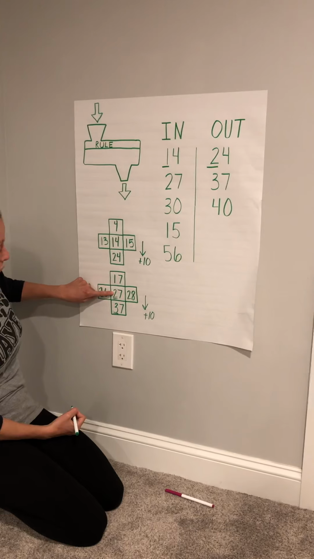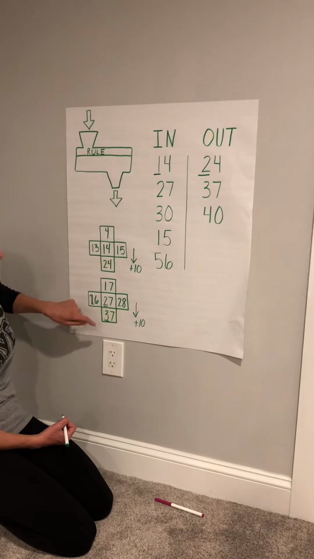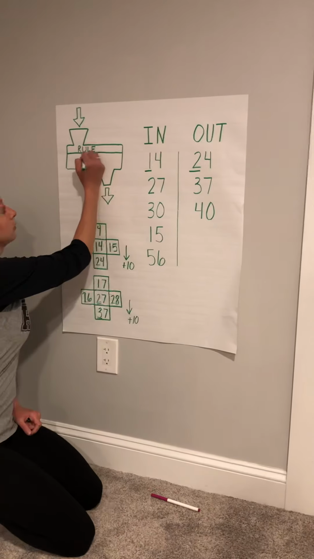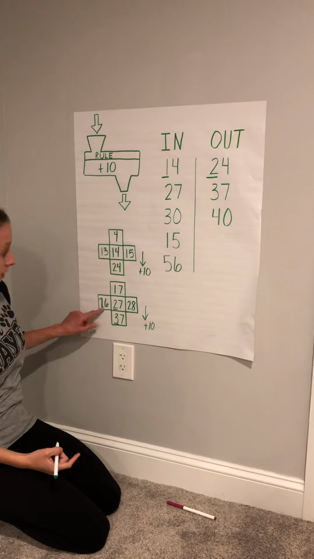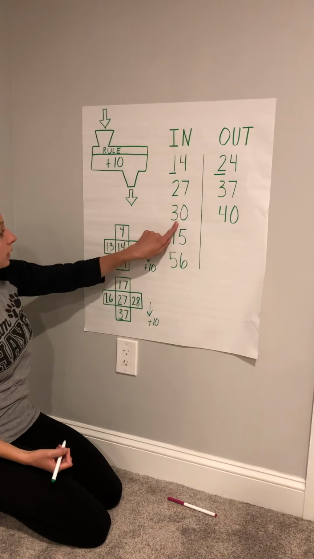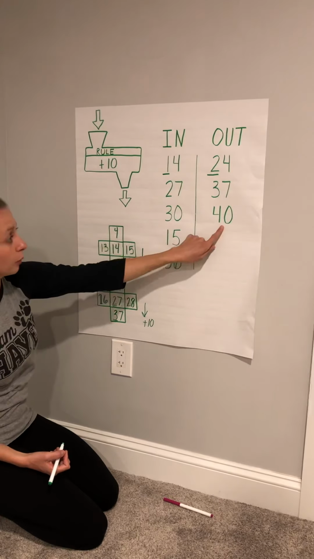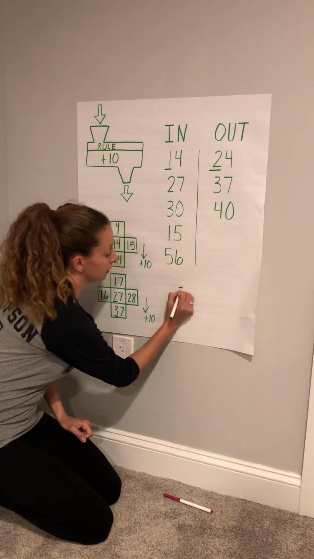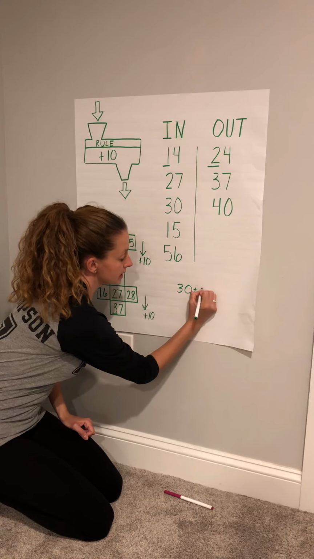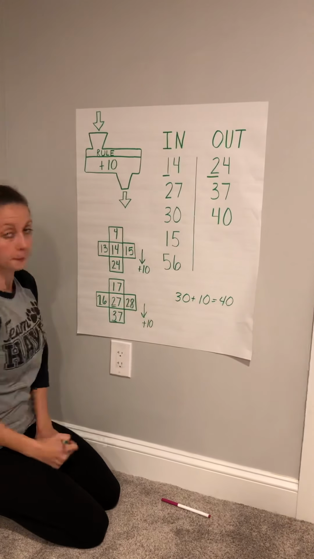So if I'm going from 27, move down one box to 37, I'm adding 10. Let's see if our rule could be add 10 based on our observation of the number grid. If I put 30 into my rule machine, out would pop 40. 30 plus 10 would in fact give me 40.